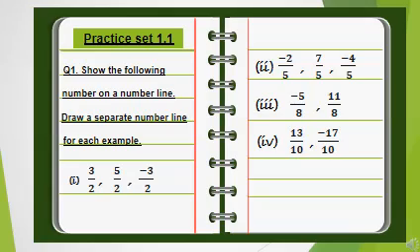Our first question is to show the following numbers on the number line and to draw a separate number line for each example. In question number 1, there are 4 sub questions. Before solving these sub questions, we will see these steps and understand them completely, how to solve this practice set 1.1's question number 1.